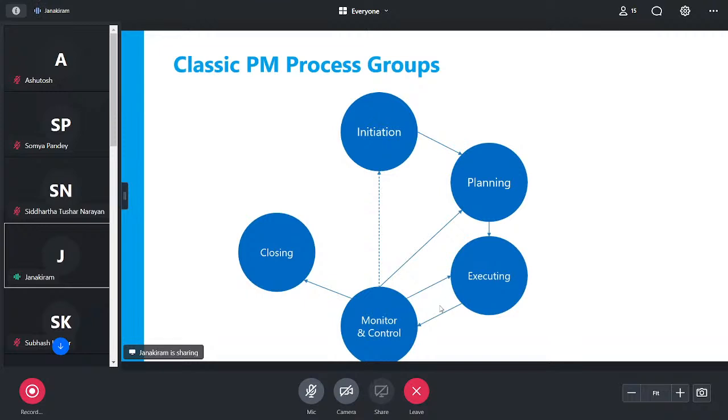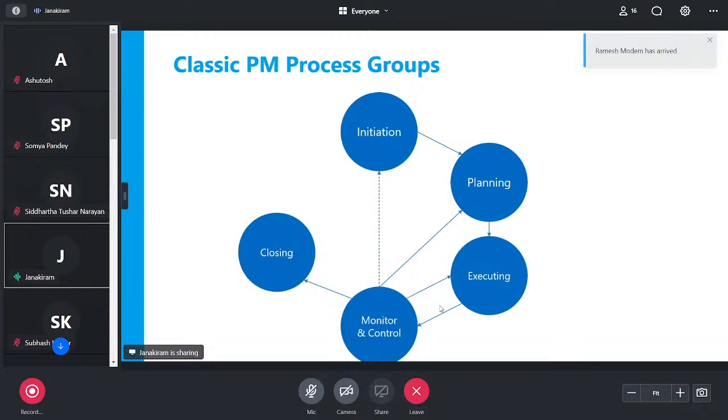For any project that you take, initiation is the phase where the project is officially recognized as a project, and you get your project funding at that point of time. When we move to planning, this is where we do all our planning work for the project. It may be your scope management, your schedule plan, your cost planning, or resource planning.